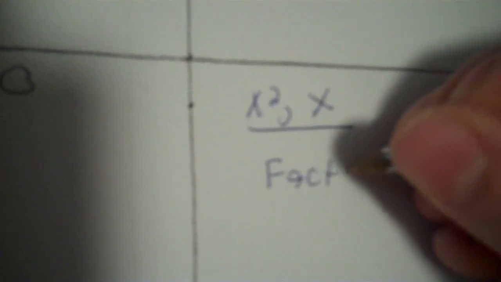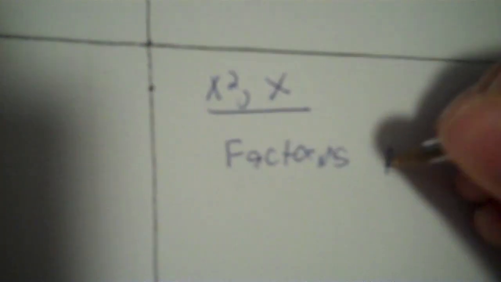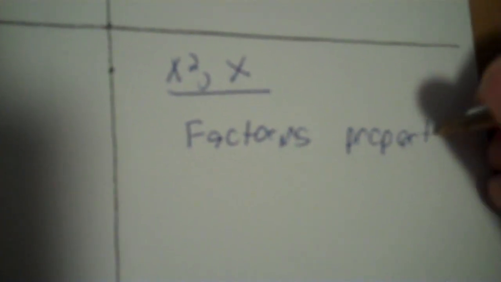Here you've got x to the second only. So the only is linear properties. Here you've got x second and x. Obviously, same variable, different powers means we would apply factoring properties.